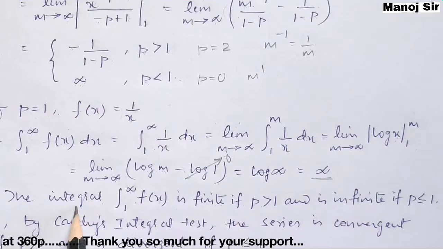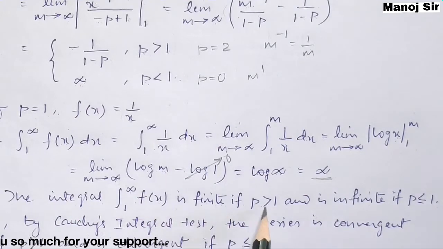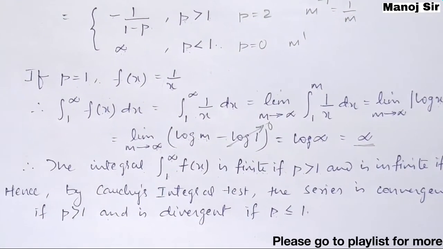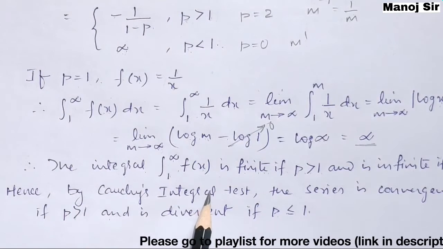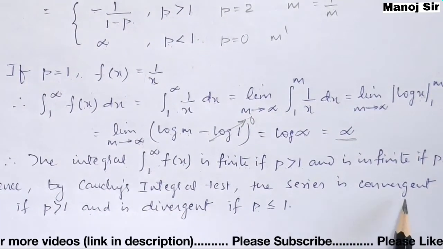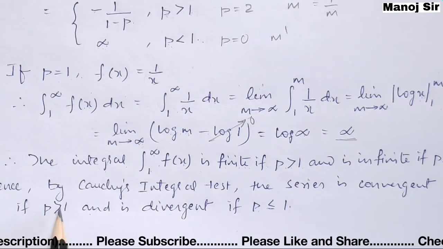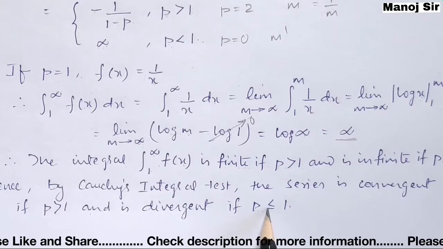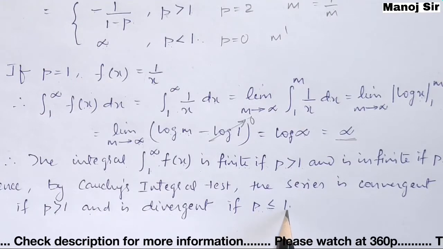So the integral is finite if p is more than 1 and is infinite if p is less than or equal to 1. So finally we can say, hence by Cauchy's integral test, the series is convergent when the value of p is more than 1 and is divergent when the value of p is less than 1 or equal to 1.